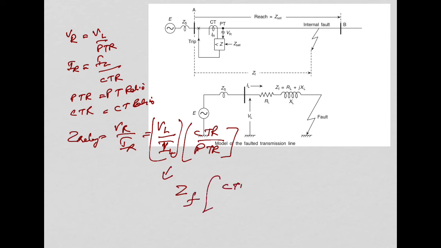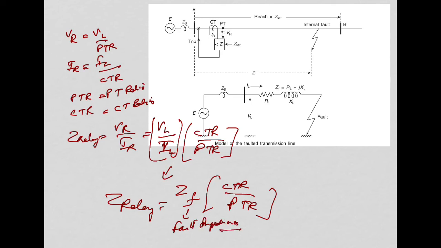So finally we are getting Z relay is ZF into CTR by PTR. So ZF is the fault impedance as seen from the line side, and this is the impedance seen from the relay side.